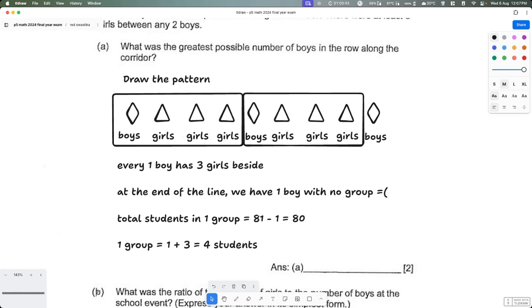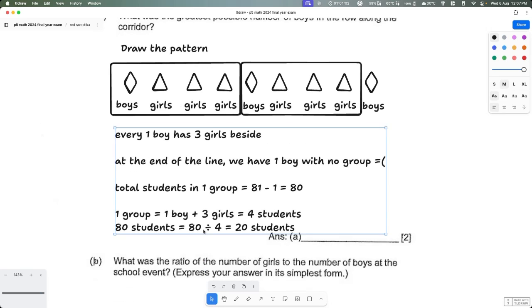Then 80 students divided by 4 is equal to 20 groups. So one boy plus 3 girls, in this case, is 4 students. So we know there are 20 groups over here.